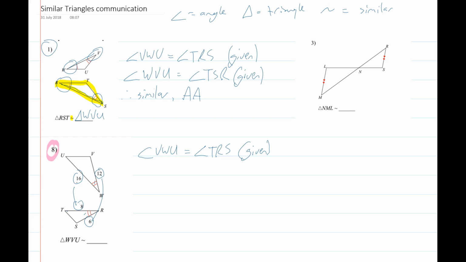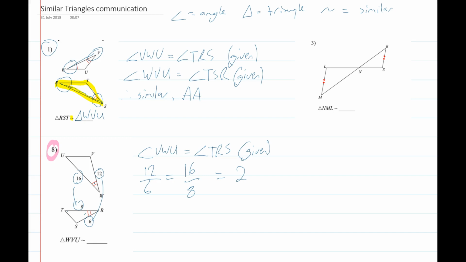So they both have the same scale factor. So we write that down like this: 12 divided by 6 is equal to 16 divided by 8, which is 2. So just by doing that, we've actually shown that one set of sides is the same as the other set of sides divided, and the answer to those is 2. That's how we communicate those sides.